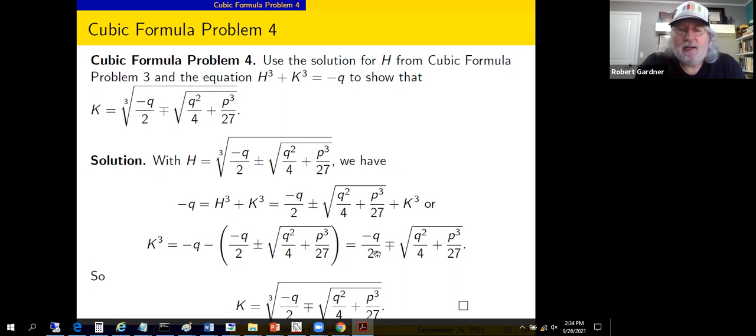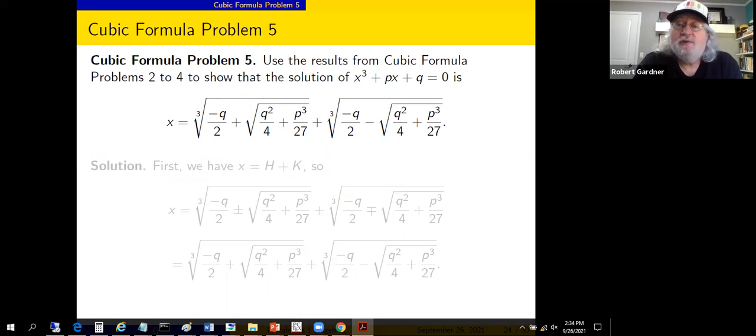That produces this quantity here. Distribute the negative sign on the plus or minus, and we get respectively minus or plus the square root of blah, blah, blah. k cubed equals this. Well, then k itself is the cube root of that, and that's what we were supposed to show. So we have now found, in terms of p and q, h and k.